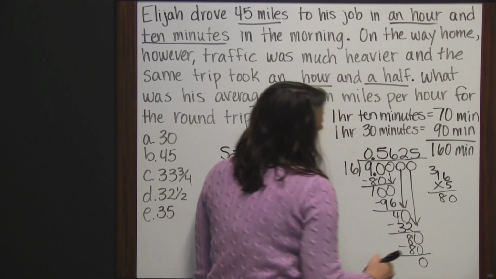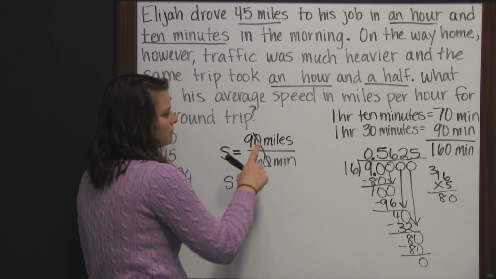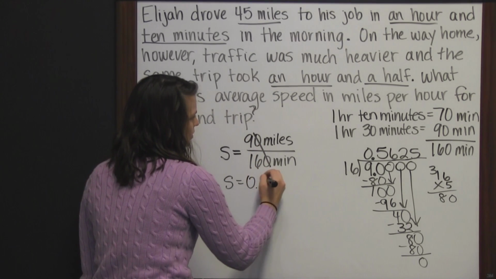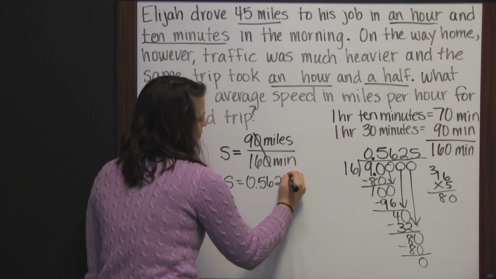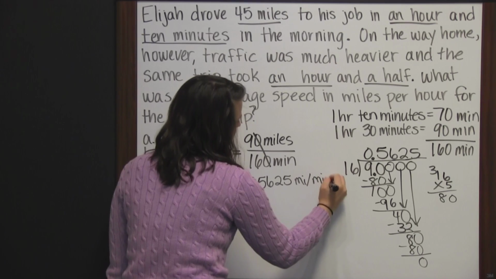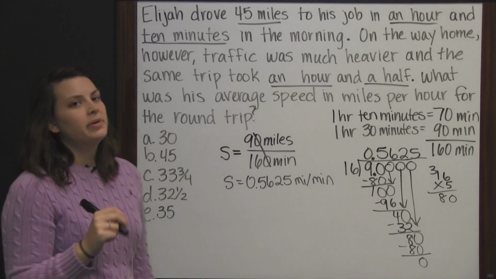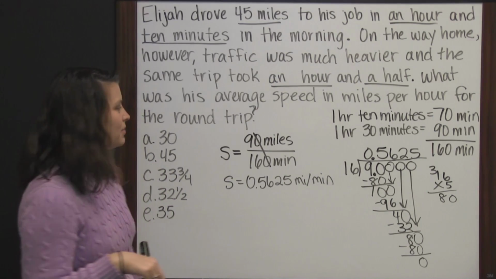We subtract and get 0. So that means that his speed in miles per minute would be 0.5625. But they didn't ask us for his speed in miles per minute.